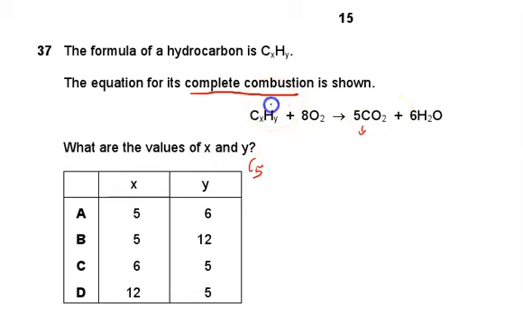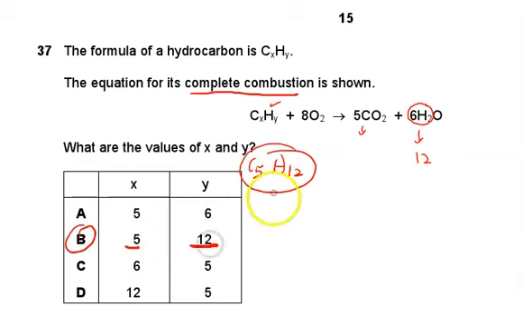Now we have to look for the hydrogen. There's a total of 12, so hydrogen here will be 12. So it will be B with 5 and 12. This is for number 37.